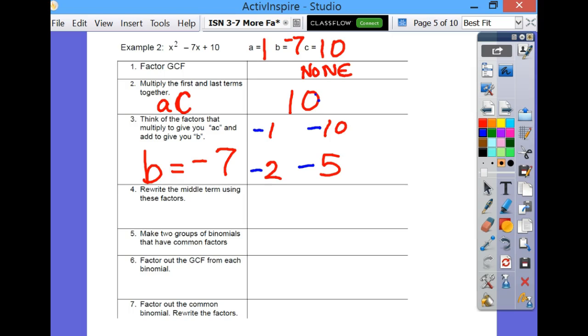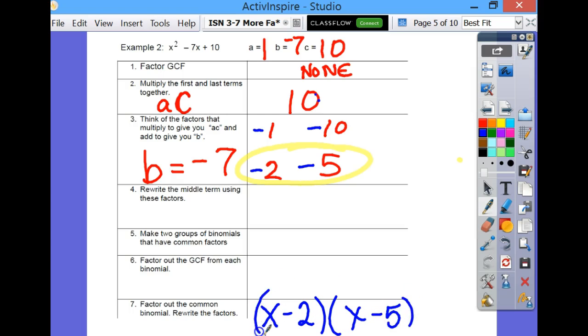Now that I have some negative signs in there, do I have a pair that are going to add up to equal the negative 7? You can, if you want to, go through all the steps. If you go through all the steps, down here when you're done, that's what you're going to have.